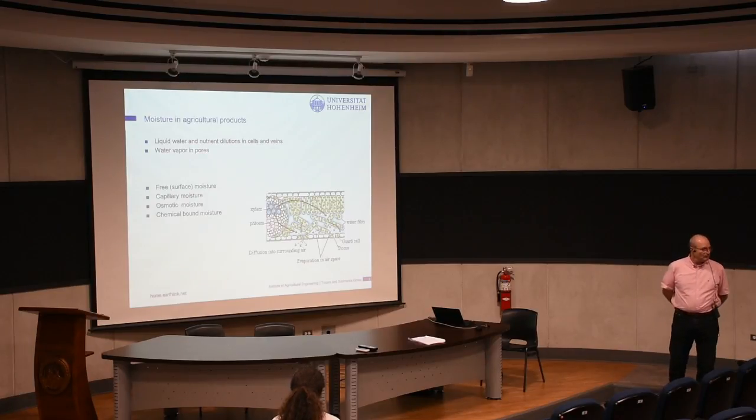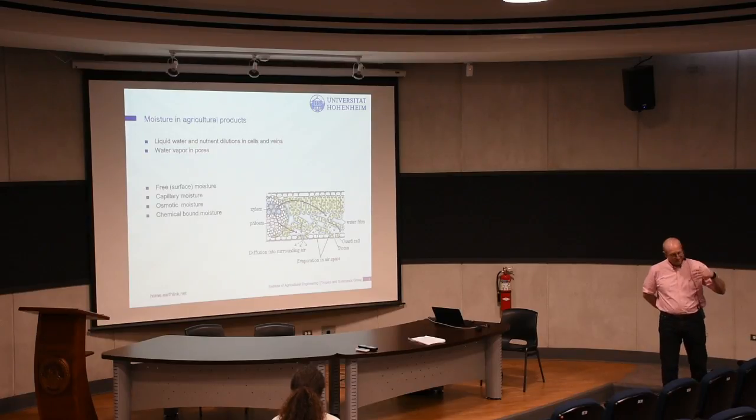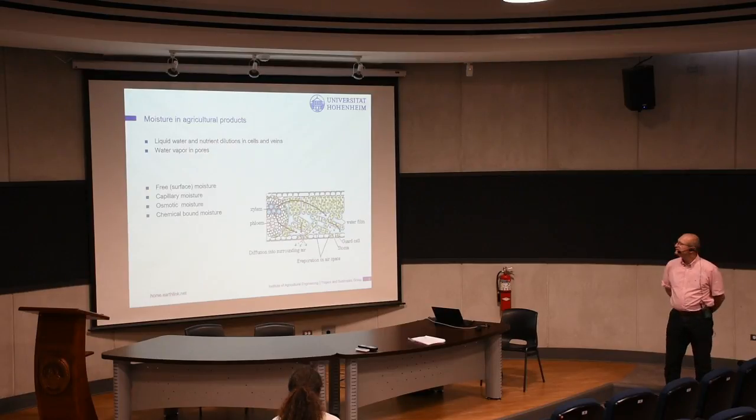So it's not pure water. There are substances, dissolved starch and sugar, but we call it therefore moisture. It's not H2O. It's not pure water. Water vapor in the pores is also water, the vapor.